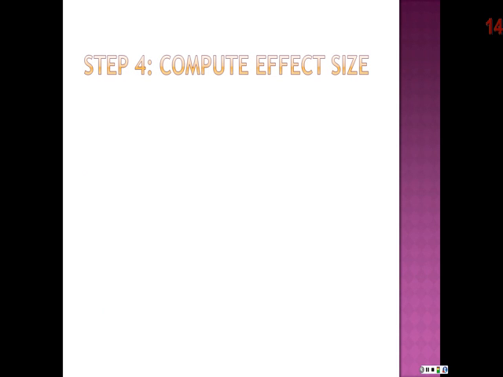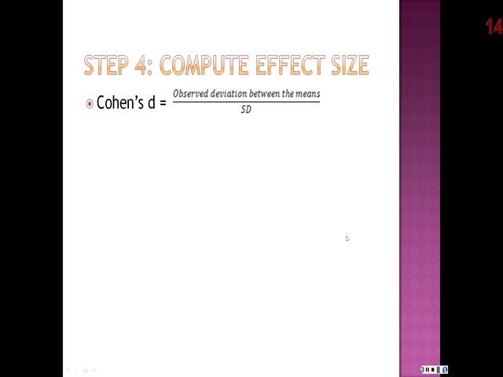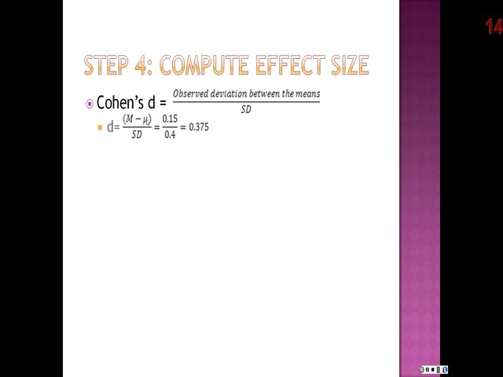Our final step, or our step 4, is we compute the effect size. And so the effect size is the observed deviation between the means divided by the standard deviation. So you've seen this equation in the previous slide. The sample mean minus the population mean divided by the standard deviation.